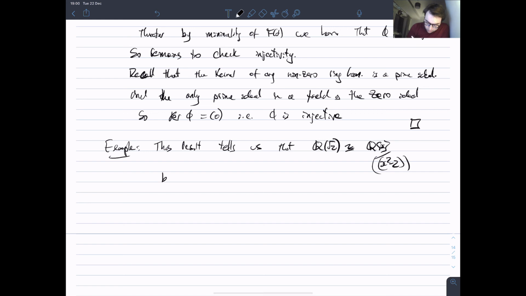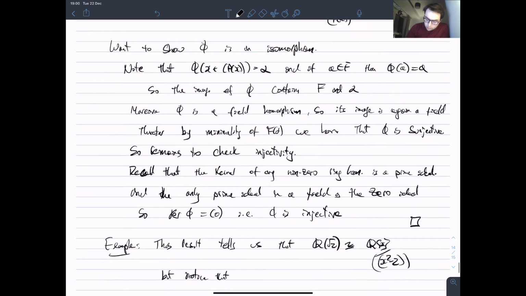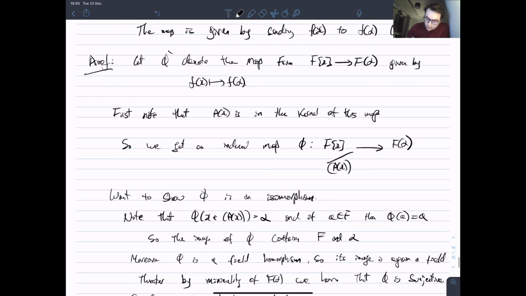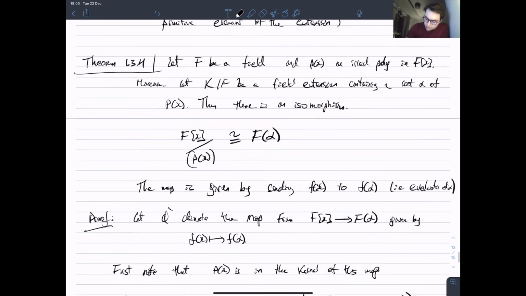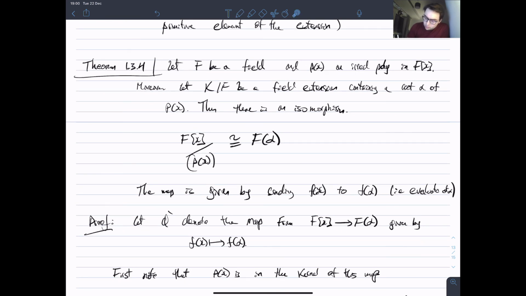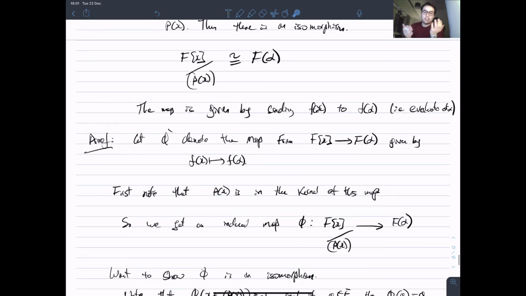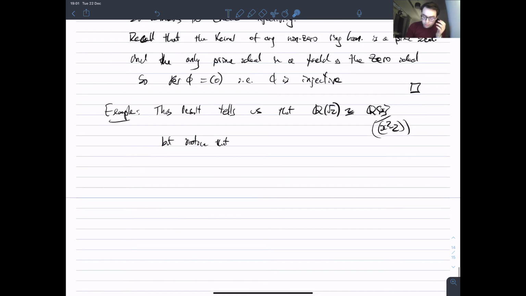which is nice, but notice that for my definition of the isomorphism in my theorem, I picked a root of my polynomial and used it to define my isomorphism. I said I pick a root of my polynomial and evaluate the polynomials at this root, but I didn't tell you which root to choose. You could choose a different root.